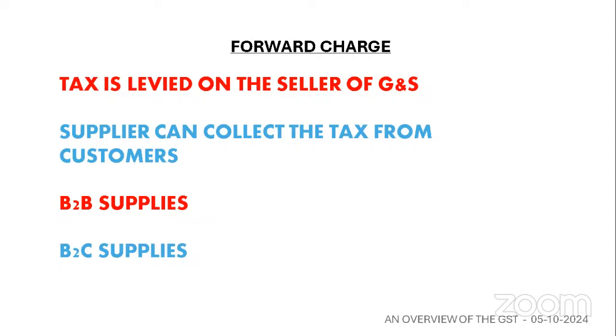Now the question arises whether the government can collect from you 9,000 rupees tax on that 50,000 transaction. The argument put forth by the seller is that the customer has not paid me, therefore I will not pay. This argument will not be accepted by the government. It is your responsibility to pay tax on the transaction value of 50,000 rupees. However, the government has given you a right to collect that 9,000 from the customer.